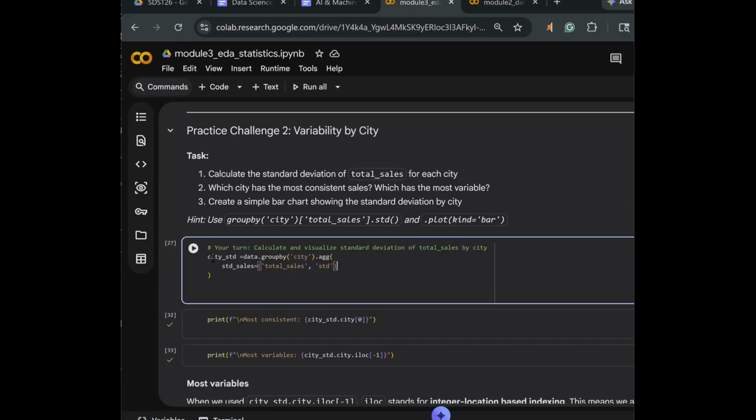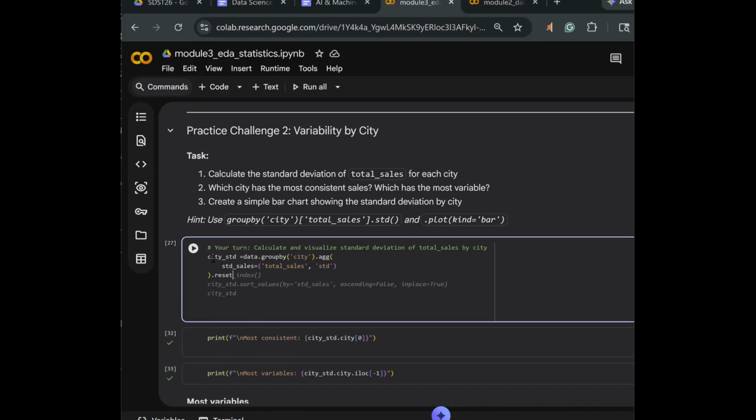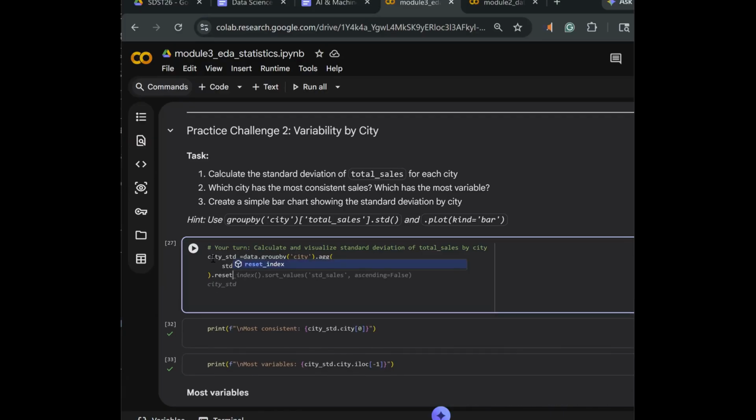Yeah, we say we want to reset. Do we need to reset index really? Yes, I think we can reset index. If we don't get it right, then we'll come back again. Let's reset index, and before we sort the values, let's check what we are having here first.